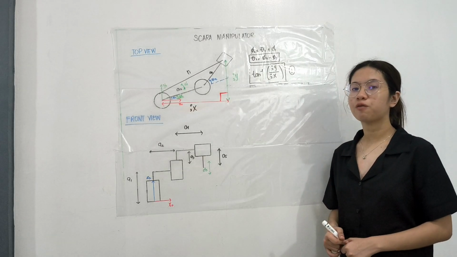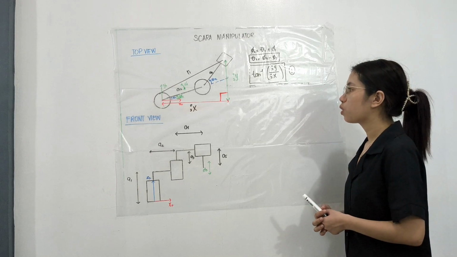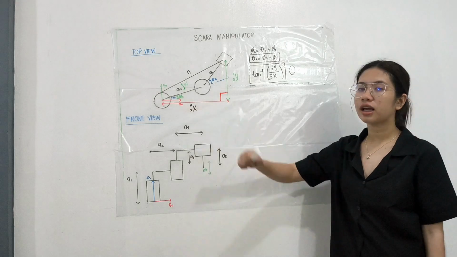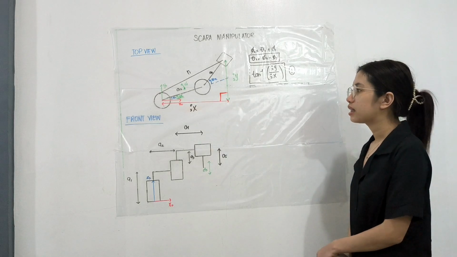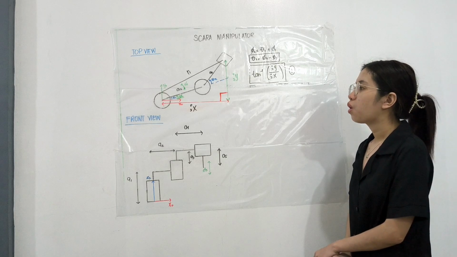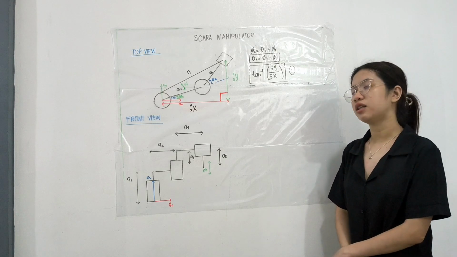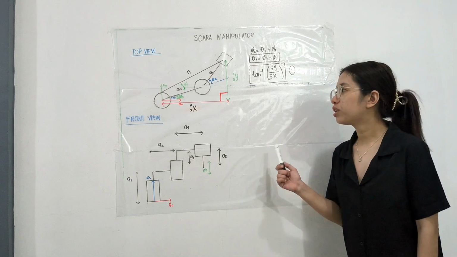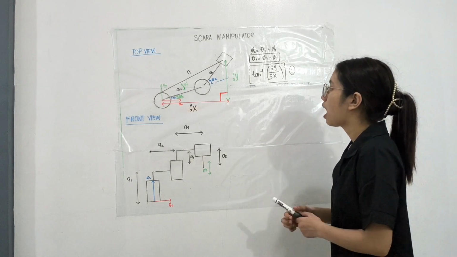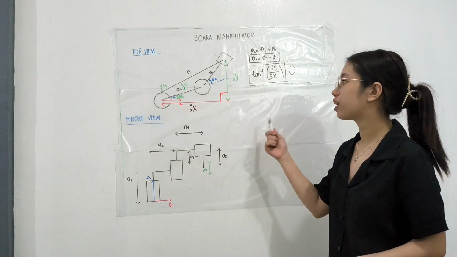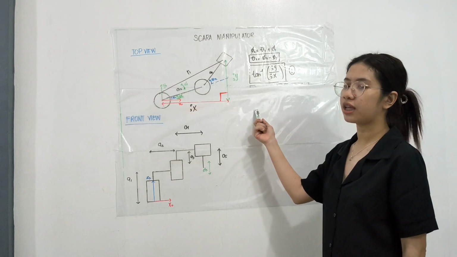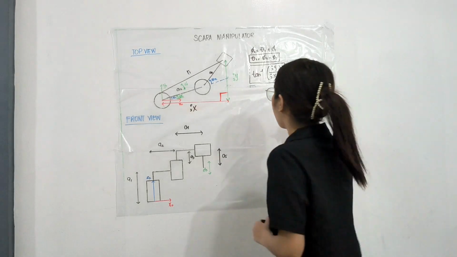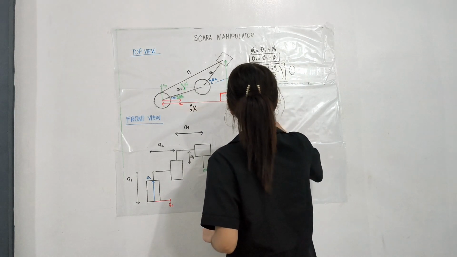Next, we will derive phi 1. Phi 1 is inside another triangle, and this triangle is not a right triangle. This is a scalene triangle, so we need to use the cosine law. But we don't have the value for R1 yet, so we need to get it first. R1 is a hypotenuse, so to solve it, we will use y sub 0, 3 and x sub 0, 3 with the Pythagorean theorem.